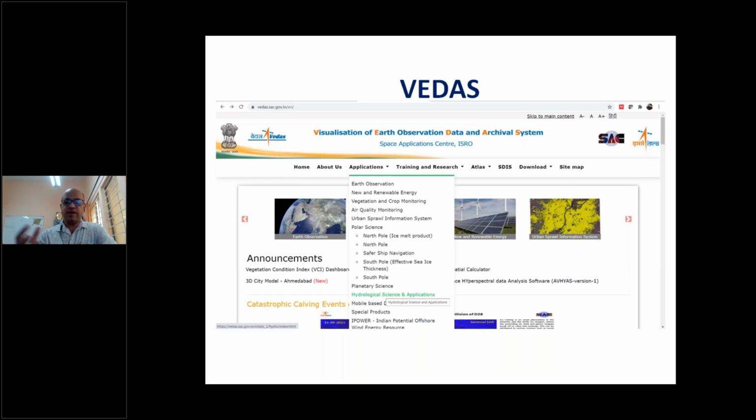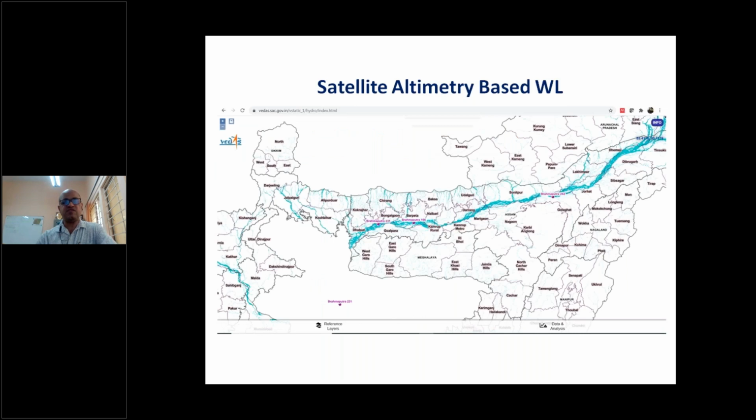So you can take maps, run your query, highlight areas, all those things. Those tools are available, and this is hosted by Space Applications Centre of ISRO. These people are very cooperative. If you have something in your mind, you want to customize your own application, they will help you. They'll extend the fullest help possible.